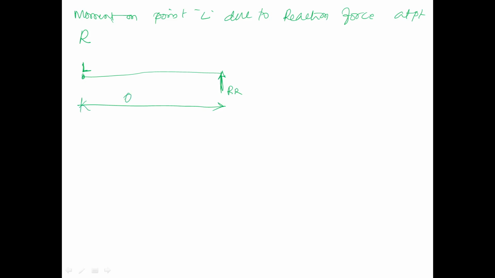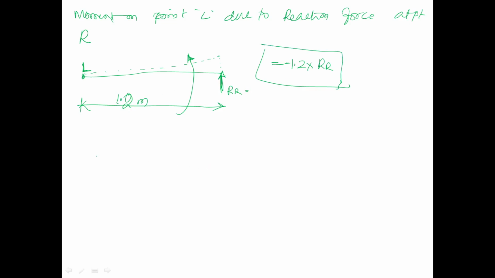Distance is 1.2 meter. Now the moment which is going to cause on point L due to the reaction force at R is in an anti-clockwise direction. This reaction force is trying to push this bench in upward direction. It is 1.2 into RR. I'll take the sign as negative here.